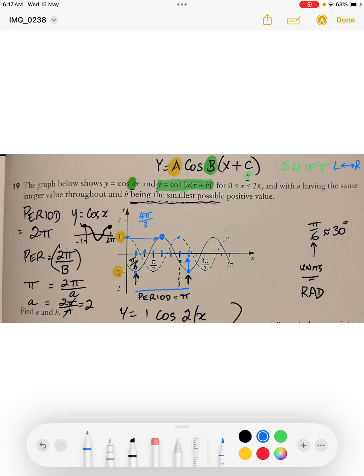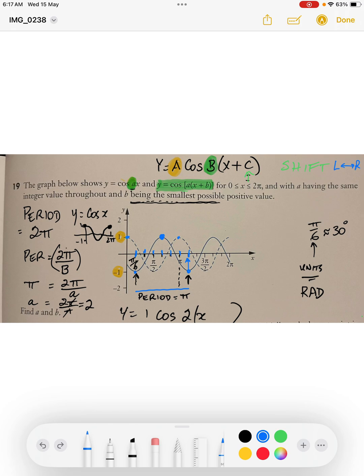If we move it across 4 pi over 3 to the right, then our equation has to be x minus 4 pi over 3. We don't want a negative number. So let's move it back the other direction. We want a positive number, not a negative number.